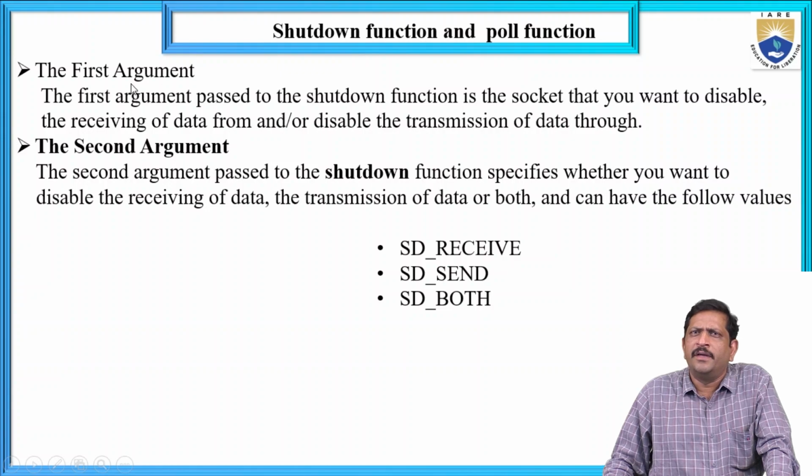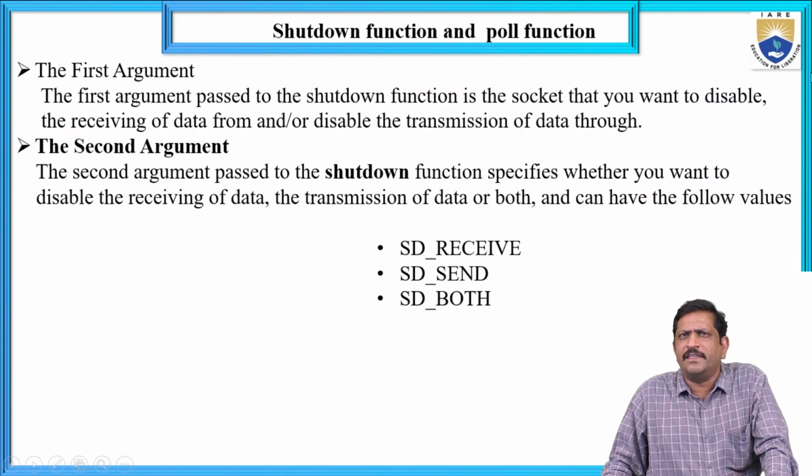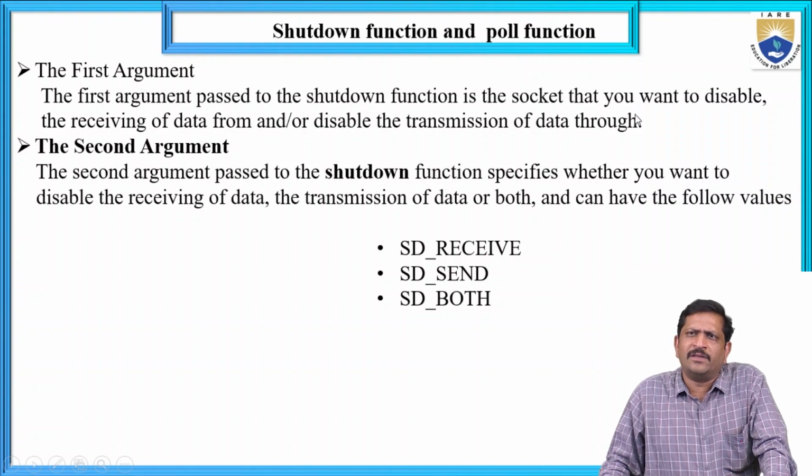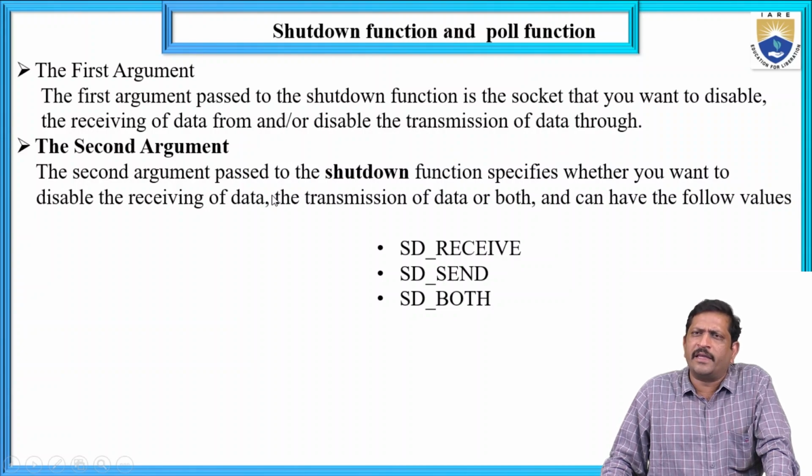That means the socket is disabled at the primary device side and the secondary device side. Once the socket is disabled, it is not receiving data, and data cannot be transmitted through the socket.